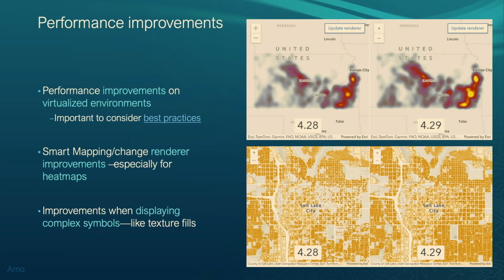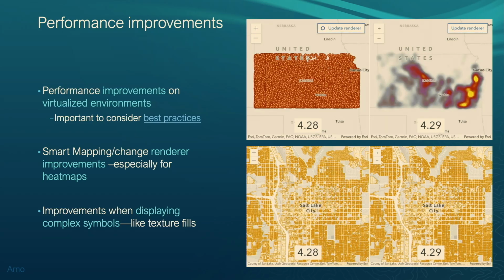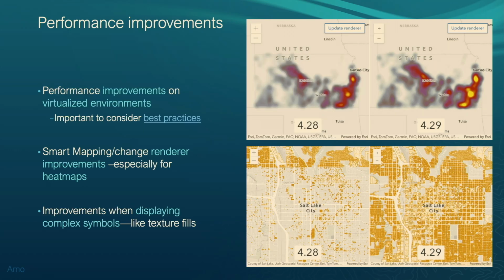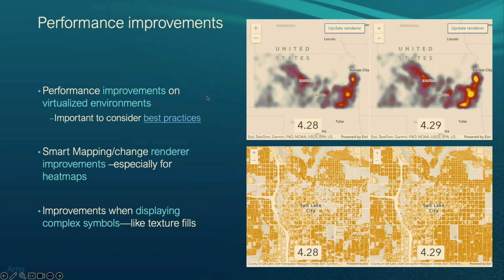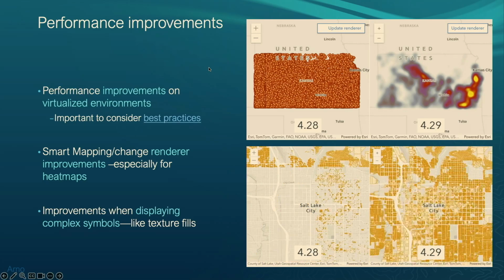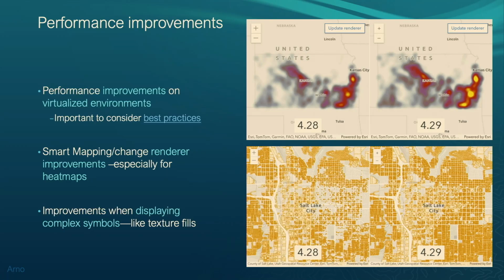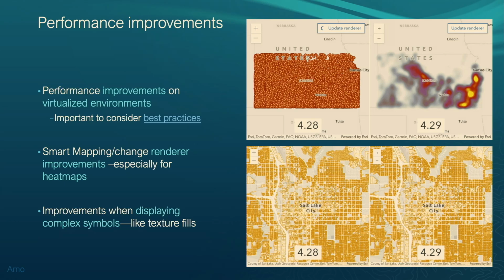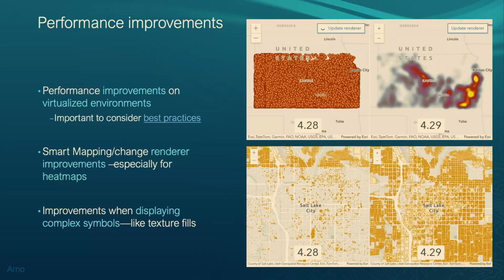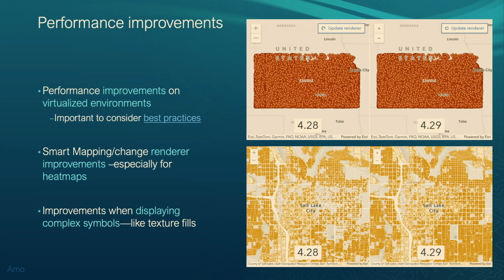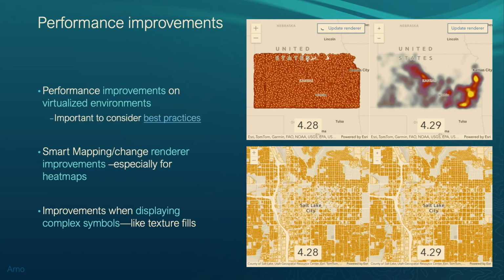Then there's been a number of improvements between the last and the current release around smart mapping, especially with heat maps. You can see that on the upper right. The way we generate the heat map from a bunch of points directly in the client has really improved the time it takes to create this visualization, but also the number of render calls when you have a map with complex symbology.